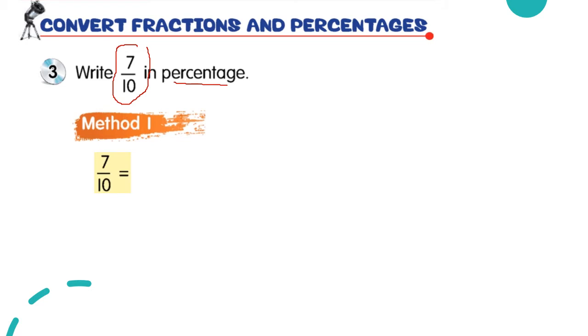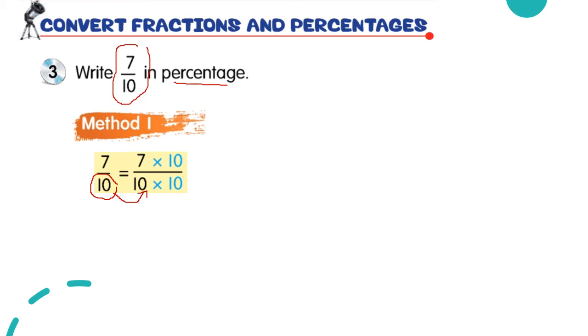Like this one, it is over 10, it is not over 100. So we have to make sure that the denominator will become 100. You have to relate what times 10 is equal to 100. It is times 10. So 10 times 10 is 100.